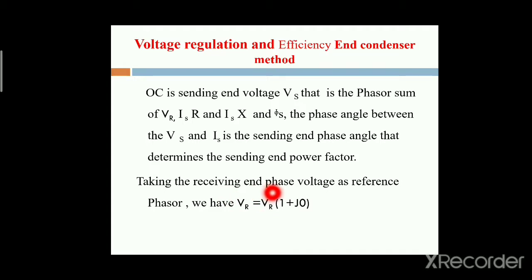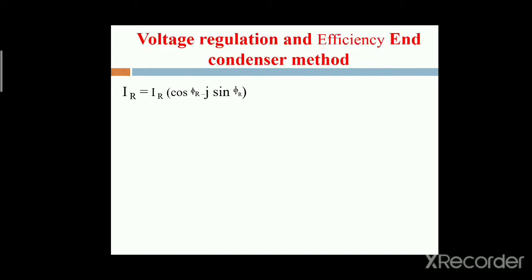The receiving end or the load current is IR equal to IR into cos phi r minus J sin phi r.